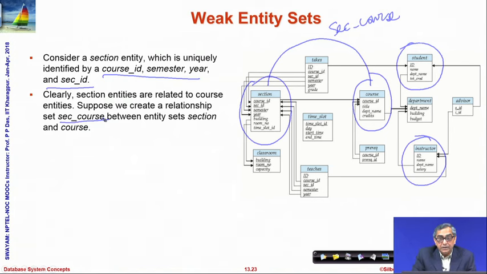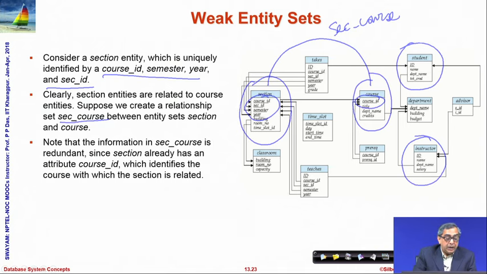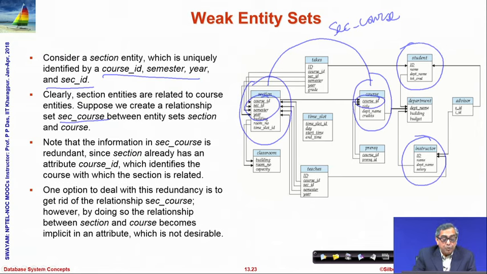Now, what will it relate? It will relate the course ID of the course with all of these, but the course ID is already there as a part of the section. Right? So, you would say that well, it is not required to have the course ID, since it already has that, and it identifies it. So, can we remove this course ID from here?